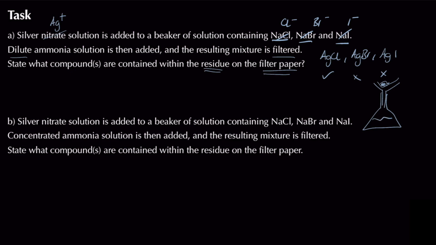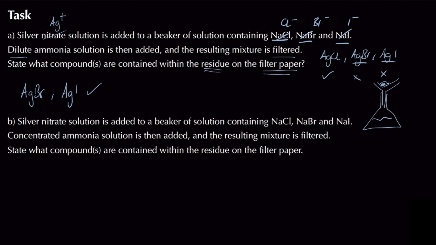In my aqueous solution after filtration, I'm going to have my silver chloride precipitate that dissolves in ammonia solution, flowing through into my conical flask. In the residue I'm only going to end up with what's left over, the insoluble stuff, which is silver bromide and silver iodide. So there is my answer for that one.